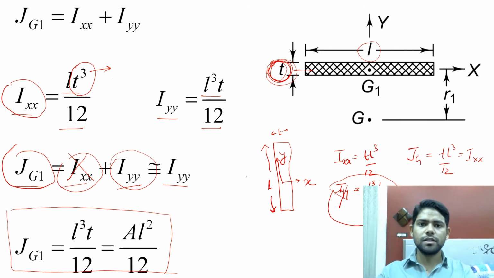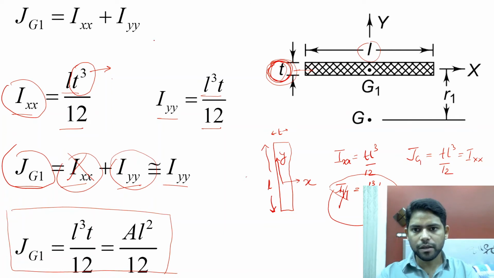The first one is obviously the ease of calculation, and we can assume this because the thickness of all the welds is the same, so we can very easily assume the weld to be a line while calculating the centroid.